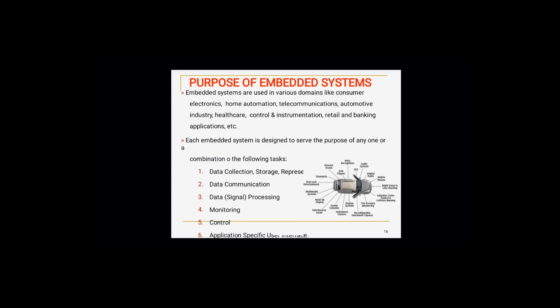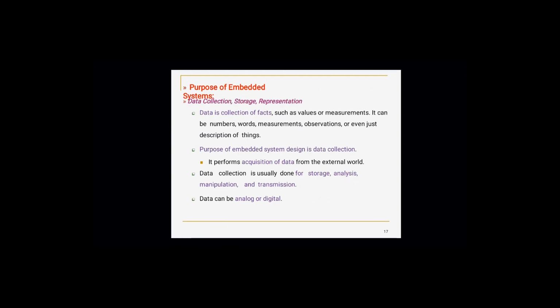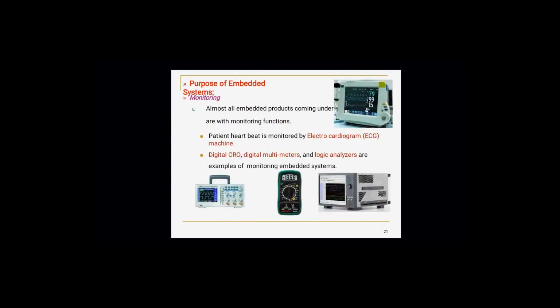If somebody arrives, you can ring the calling bell. Your AC and refrigerators are controlling systems which control temperature. A lot of the switches or bridges that we use in network systems are for data communication purposes. You can go through the various purposes of embedded systems. The complete theory is there.